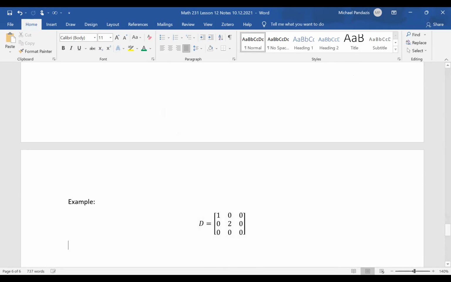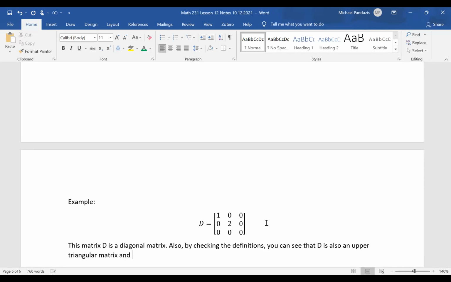Okay, so this matrix D is a diagonal matrix. Also, by checking definitions, you can see that capital D is also an upper triangular matrix and a lower triangular matrix. Also clearly, D must be a triangular matrix.